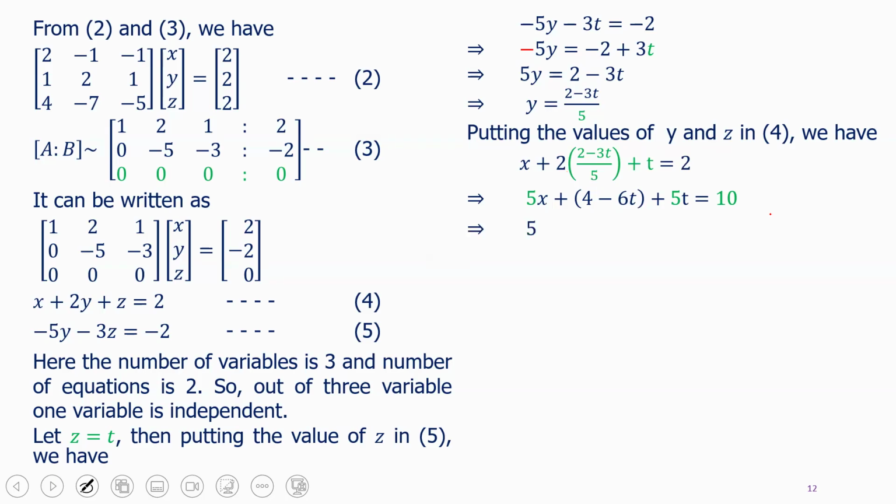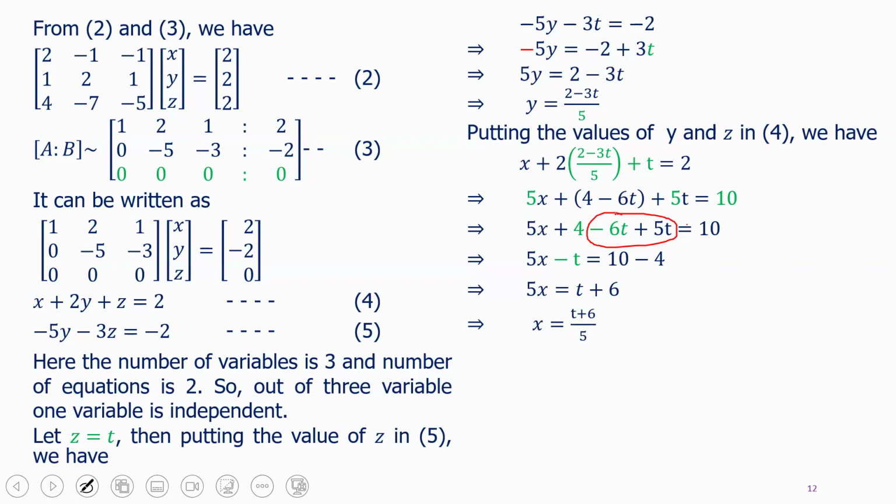Now if we simplify again, 5x plus 4 minus 6t plus 5t is equal to 10. So minus 6t plus 5t will become minus t. This 4 goes to the right hand side, so 10 minus 4. So 5x minus t equals 6, that is, 5x equals t plus 6. So what is the value of x? x is nothing but (t plus 6) upon 5.